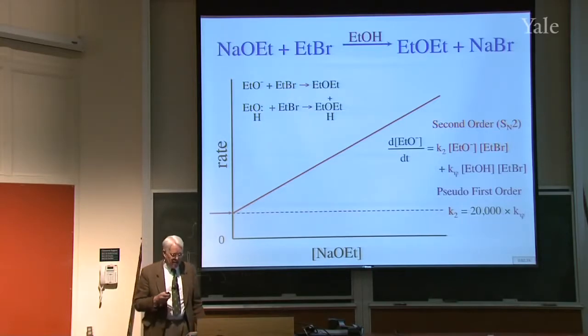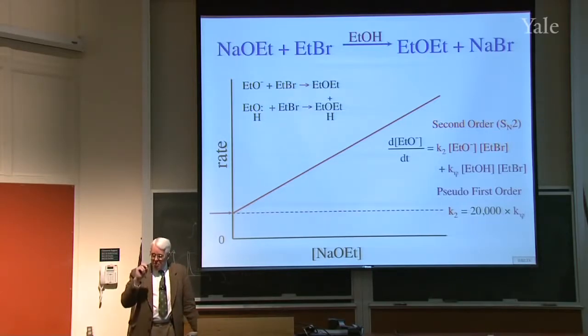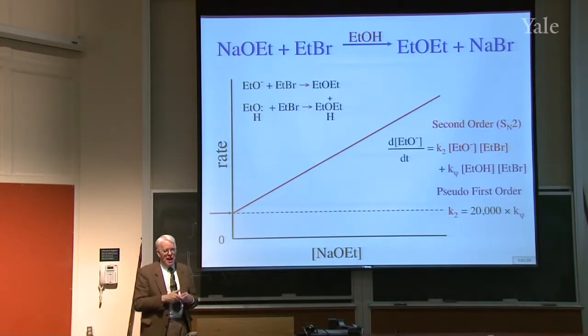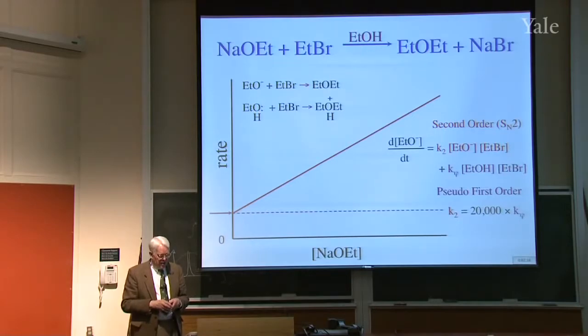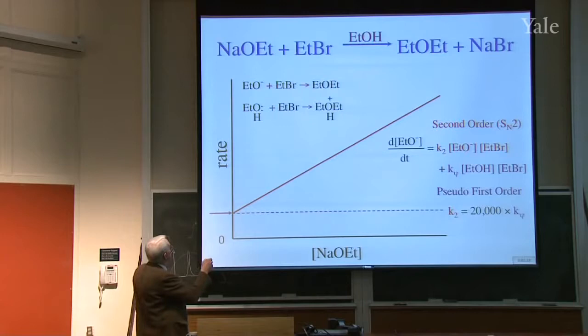That is, there's a small amount of ethoxide, but with a much higher rate constant, so it has the same overall rate as the pseudo first order rate constant does. And from that, you can figure out that the second order rate constant is 20,000 times faster than the first order rate constant. So this is 20,000 times faster than that.